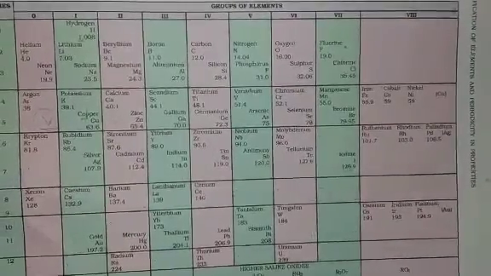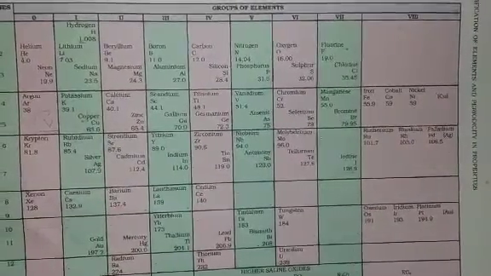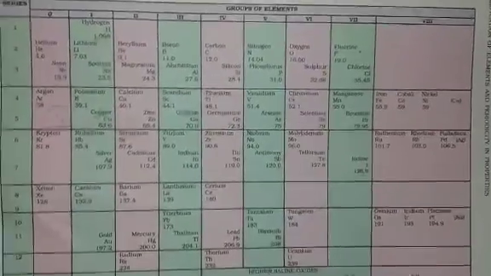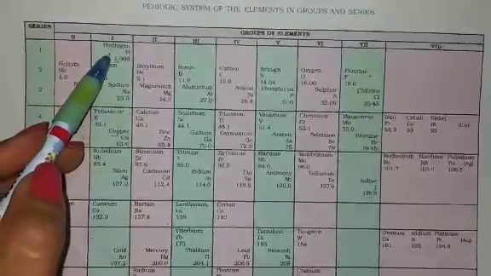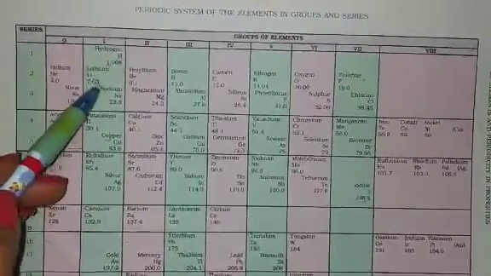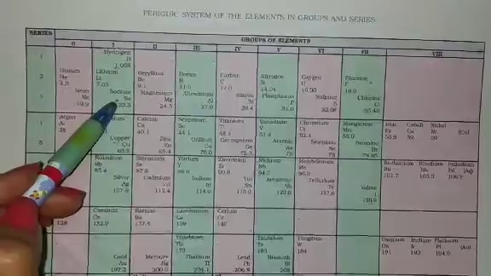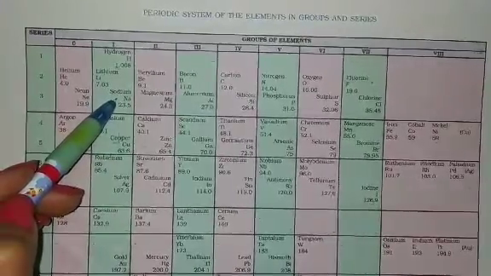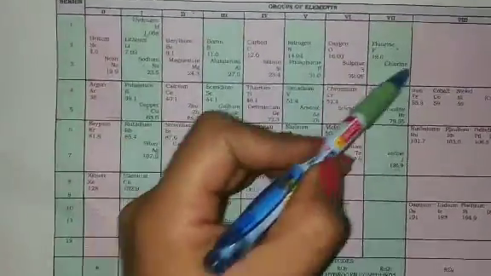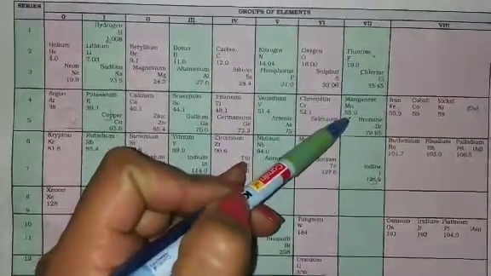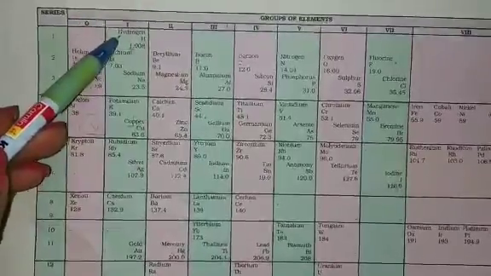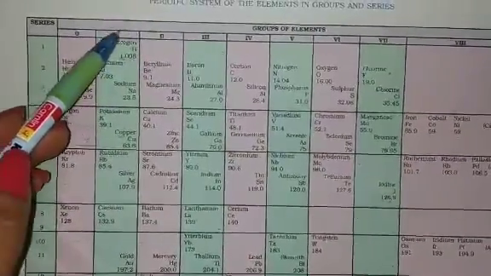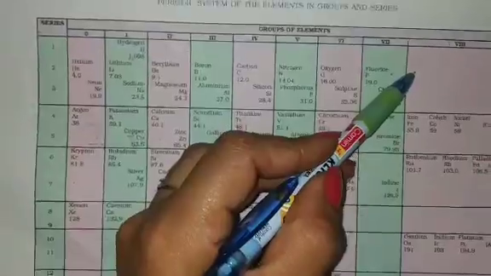However, there were anomalies and defects in Mendeleev's periodic table. For example, the position of hydrogen in his table. Since hydrogen forms both positive ions like the alkali metals, sodium, potassium, lithium, and also negative ions like the halogens, fluorine, chlorine, bromine, it resembles both, and therefore it cannot be placed in either group.